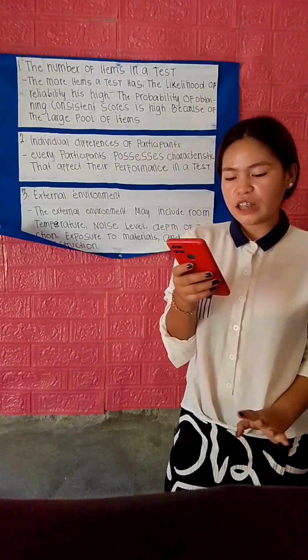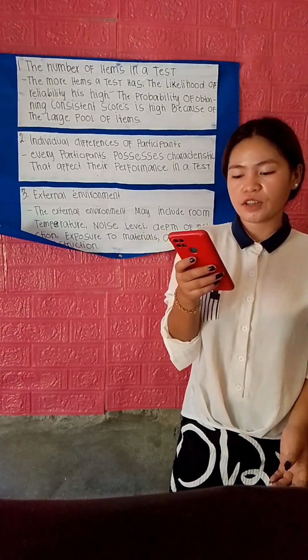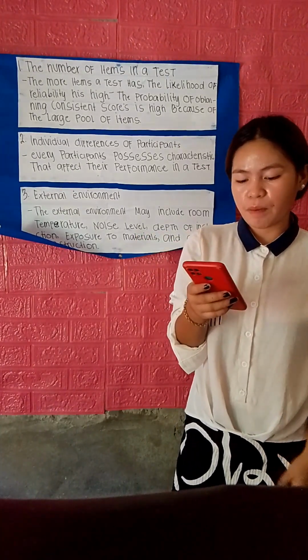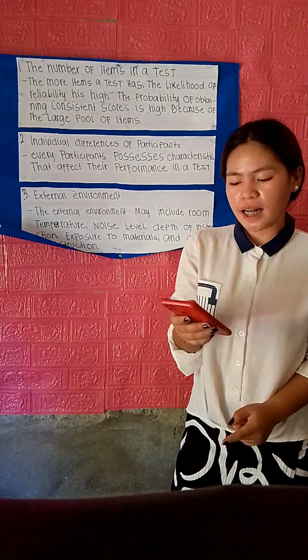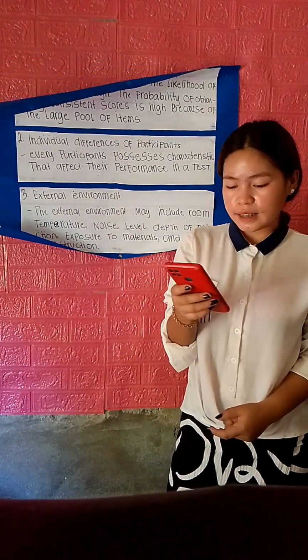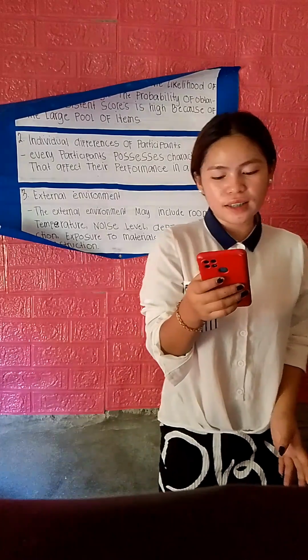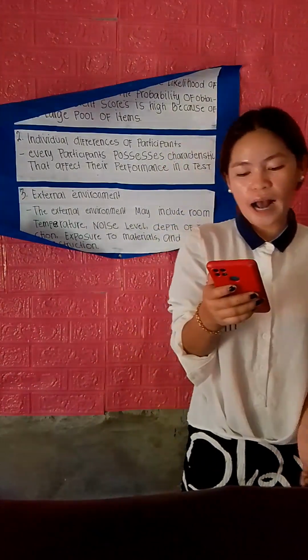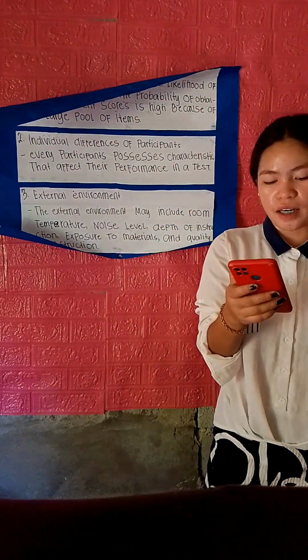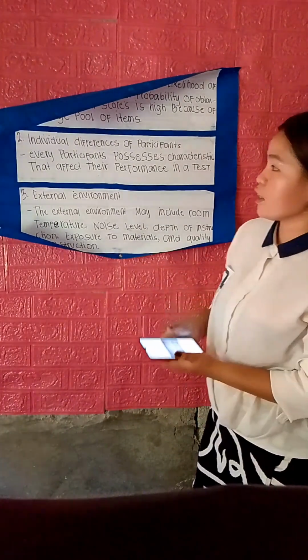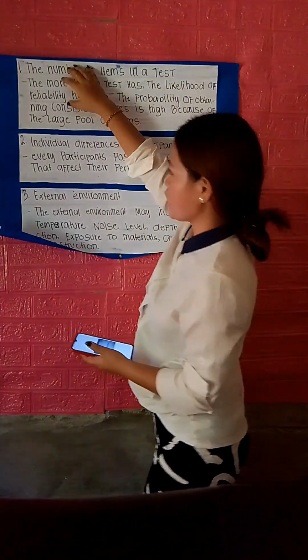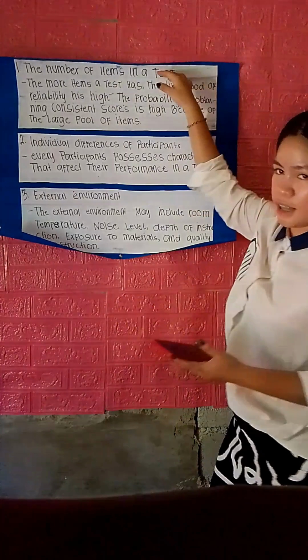Those are differences of individual participants like age, sex, intelligence, personality, culture, and ethnicity. Individual differences are important for understanding behavior and shaping a person's sense of self. That is an example of individual differences of participants.